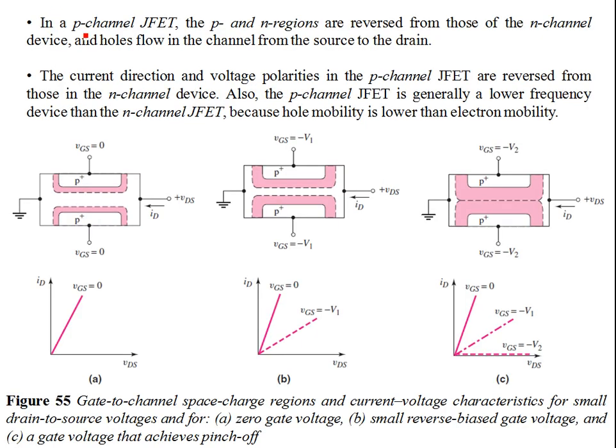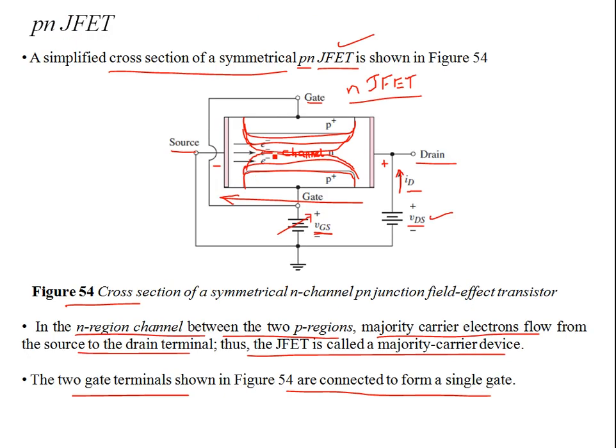Now this is N channel, but you can have a P channel device as well. In a P channel device, you will have N doped regions at the gate and a P type substrate, and instead of electrons you will have holes.